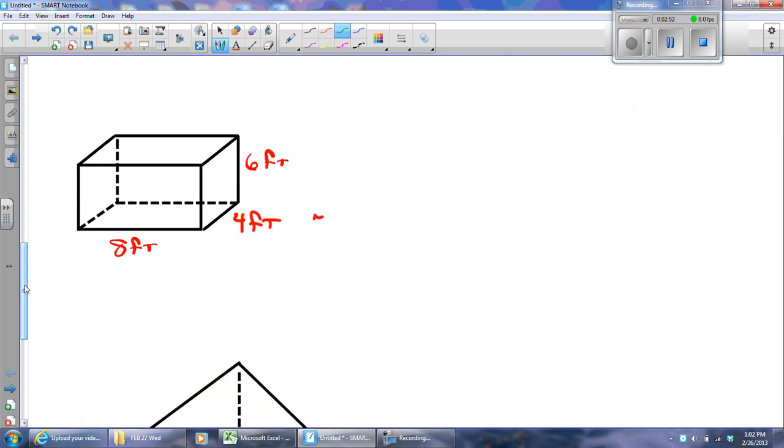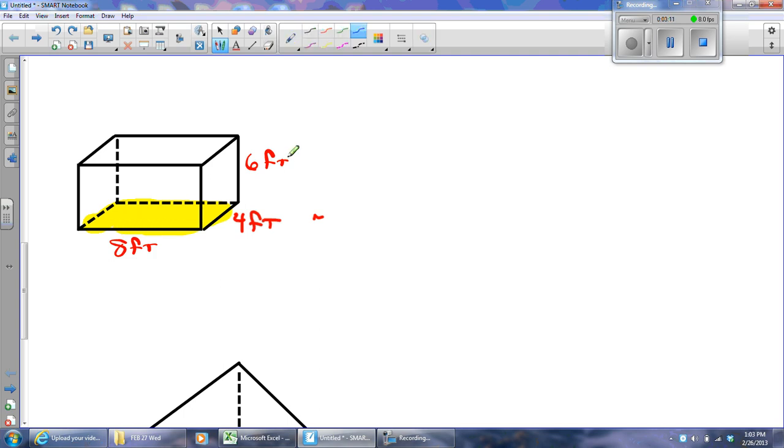All right, rectangular prism. I need to find the base. You know what I think I'm going to do is I'm going to highlight the base. Okay. And so I'm going to find the area of that rectangle and then multiply by how tall it is.